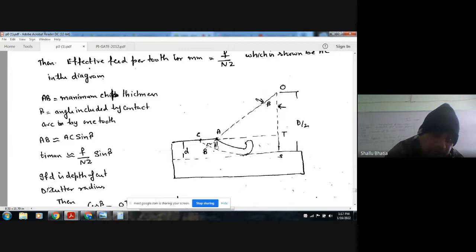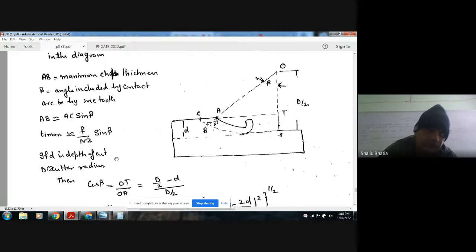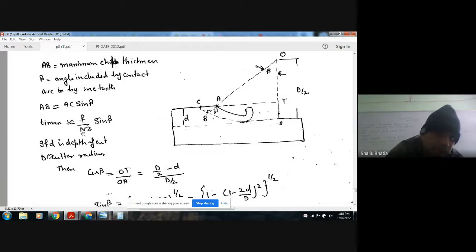This angle is beta, so this will be 90 minus beta, and this will be again beta. So AB is approximately AC sin beta, and AC is nothing but F by NZ. AB is the maximum uncut thickness T1, so T1 can be expressed as F by NZ sin beta.